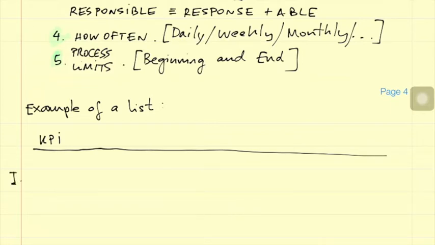So your first KPI, then you have your name, lead time, in German Durchlaufzeit, and how to measure.